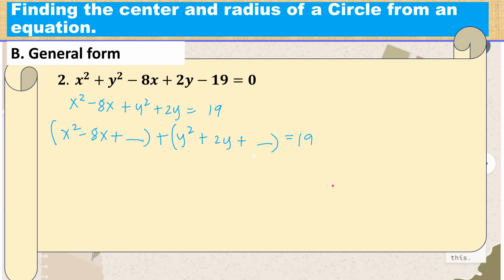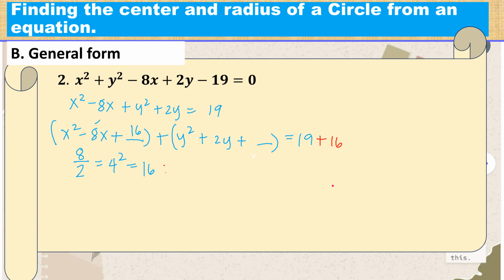And for that, we have the 8, because we have to use the numerical coefficient of our linear term and always divide it by 2, then it will give us a 4. We square 4, so we have 16. Thus we add a 16 in here, and we will also be adding a 16 here.